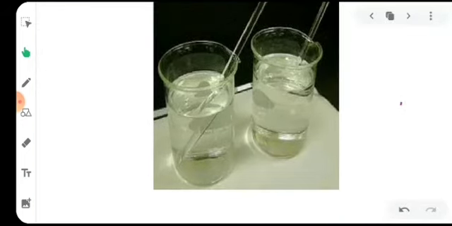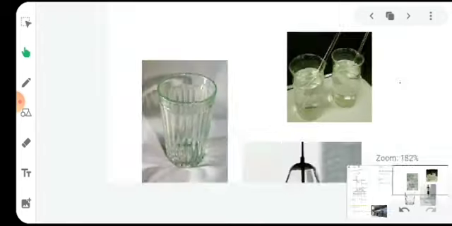And this was the example of the previous case, where we saw that when there is not much difference in refractive index, the object becomes invisible, and when there is a large difference in refractive index, the material is visible. So that's all for today, guys.